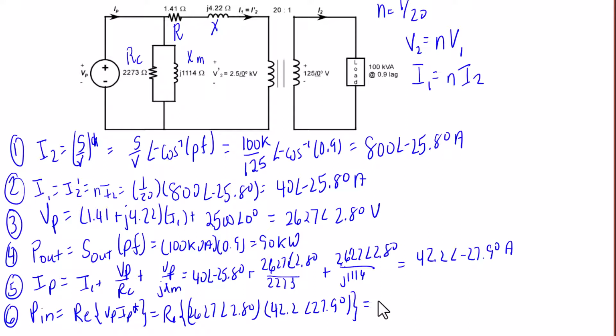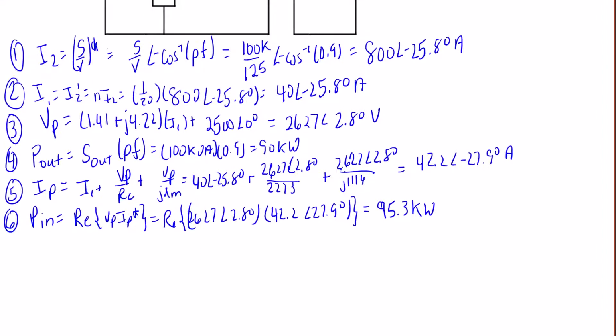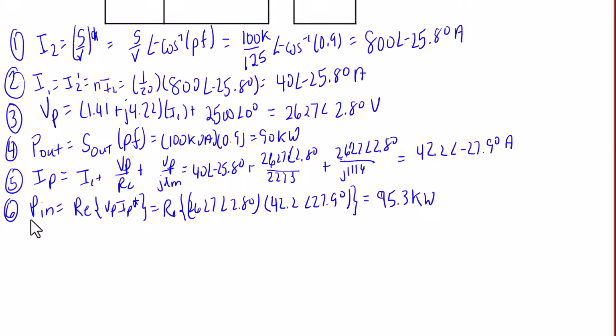And that equals 95.3 kilowatts. Note that this is not the only way to solve this problem, and because the problem asks us to find P core and P coil, which is P loss, we will do that as well.